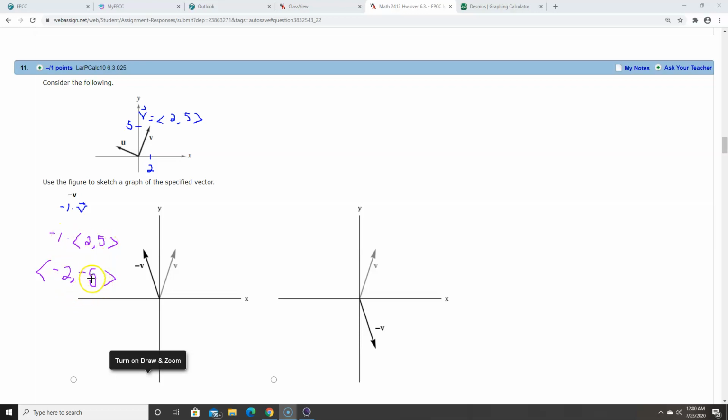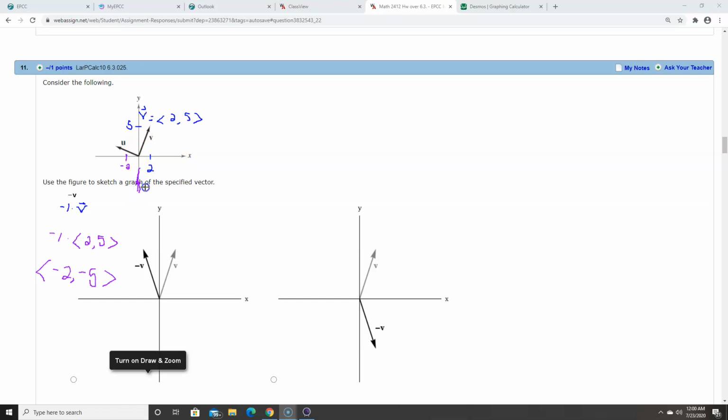Now where would that be? Well, instead of 2 to the right, it would be 2 to the left. And then instead of 5 up, it would be 5 down. Pretend that's vertical. So whatever, just kind of sketching.